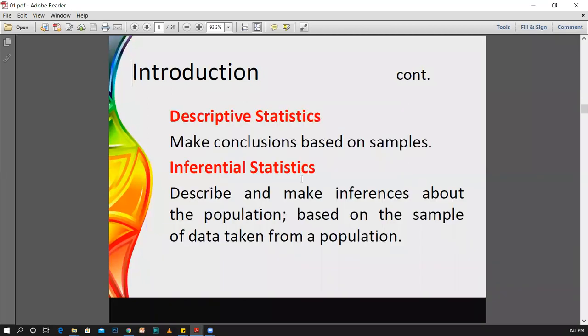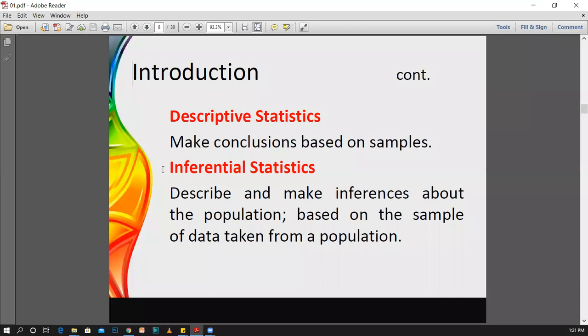Now, descriptive statistics makes conclusions based on the samples. Based on the samples, you can make conclusions, and such statistics are called descriptive statistics.